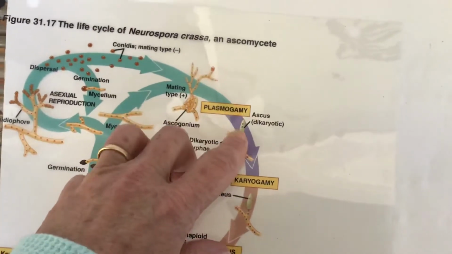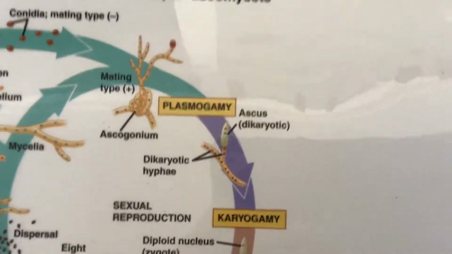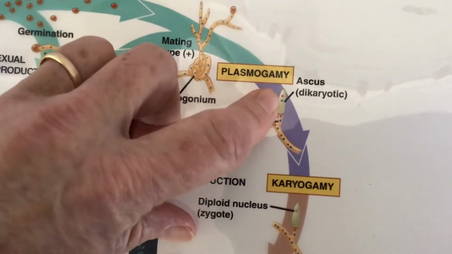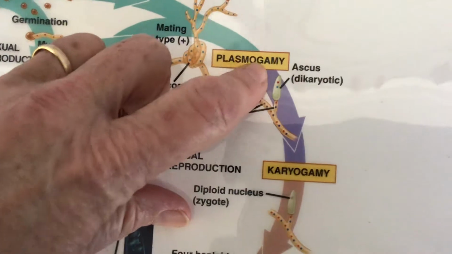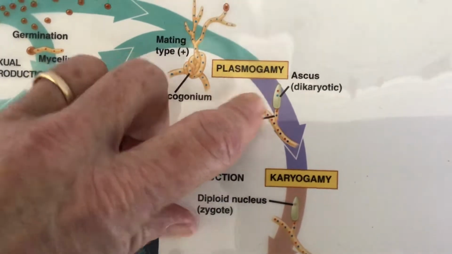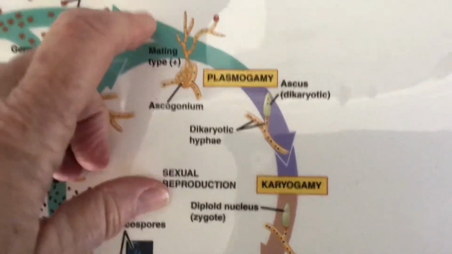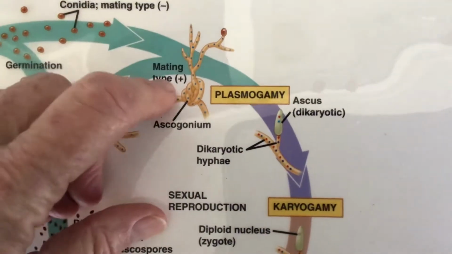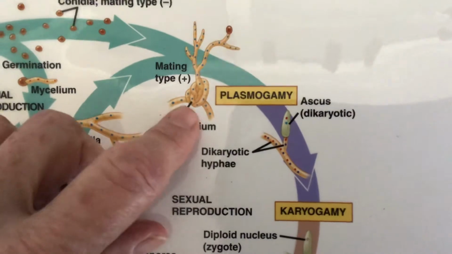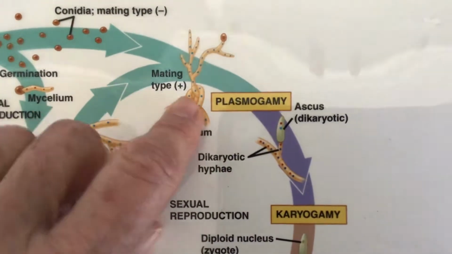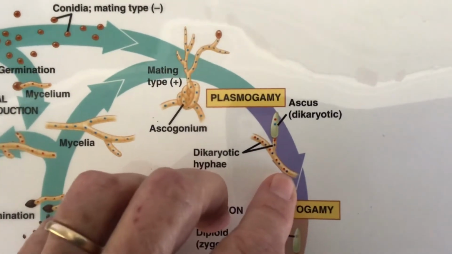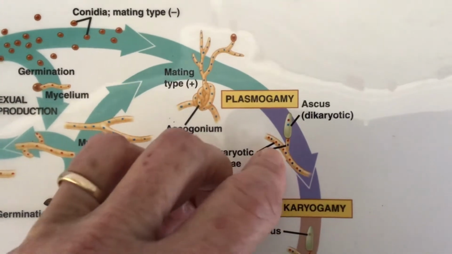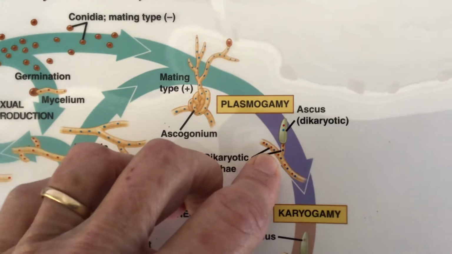If you look closely, the ascus only has 2 nuclei, one from each mating type. Notice that when the mycelia came together, mating type blue met up with mating type red, and you will have these heterokaryotic cells with a septa in between each one of them.